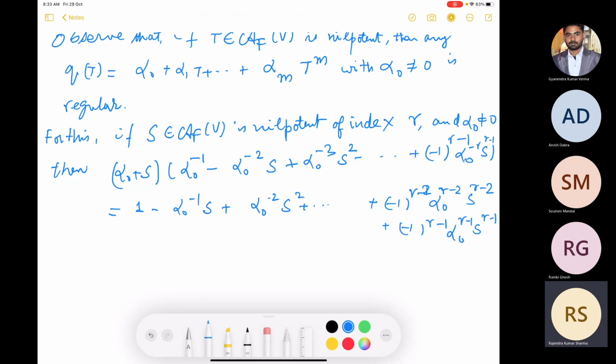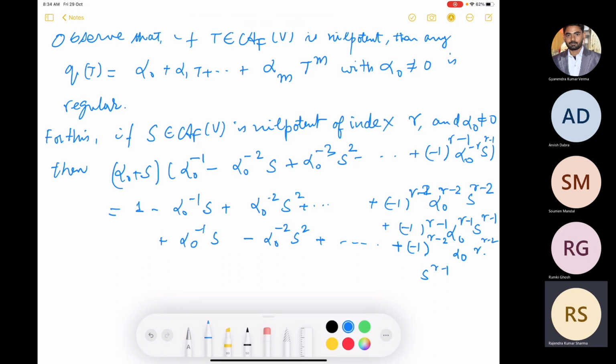Now multiply by S. So here there is your plus sign: alpha_0 inverse S minus alpha_0 to the power minus 2 S squared, and so on, minus 1 to the power r minus 2 alpha_0 to the power minus r plus 2, S to the power r minus 1.